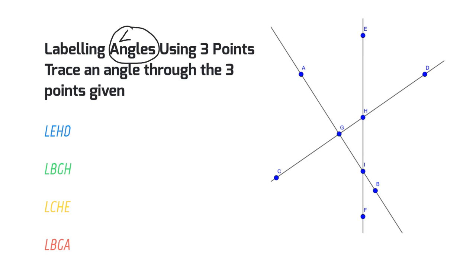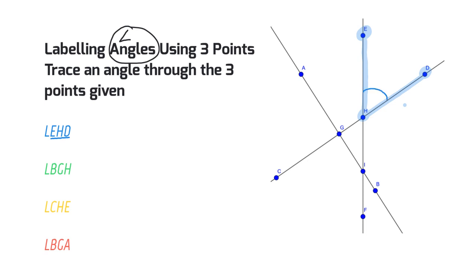The first angle we're looking for is angle EHD. The first thing I'm going to do is find these 3 points on my picture. Here is E, here is H, and here is D. So the angle is between E, H, D. So what I'm actually looking for is this bit right here.